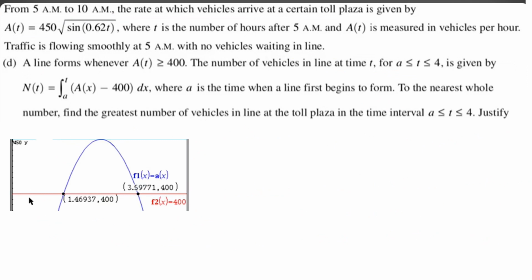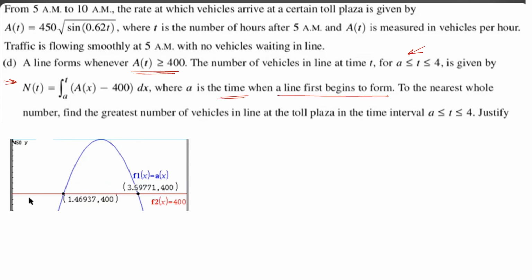Let's move to part D. A line forms whenever A of t is greater than or equal to 400. The number of vehicles in a line at time t, between a and 4, when t is greater than or equal to a and less than or equal to 4, is given by the function N of t, the integral from a to t of A of x minus 400 dx, where a is the time when a line first begins to form.